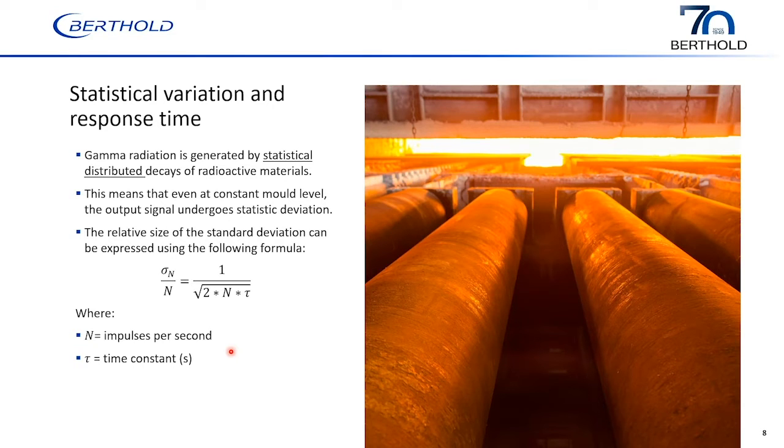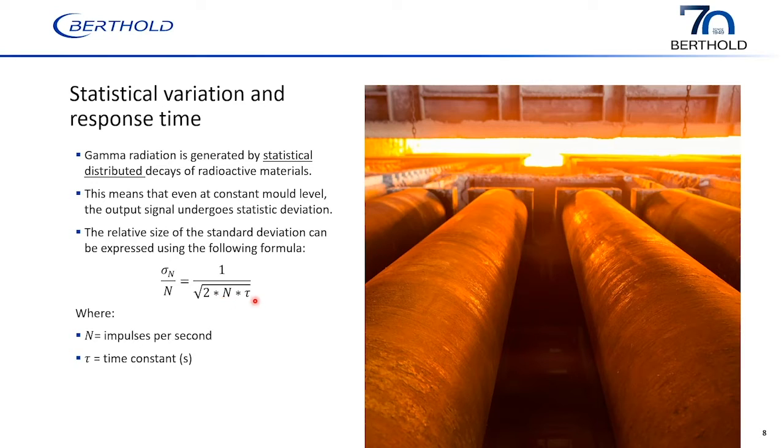And here you see we have the two unknowns, where n equals impulses per second, and where tau equals time constant. If you look at the expression, on this side we have the relative standard deviation. On this side we have an expression where we have the two unknowns, the n and the tau, in the denominator.